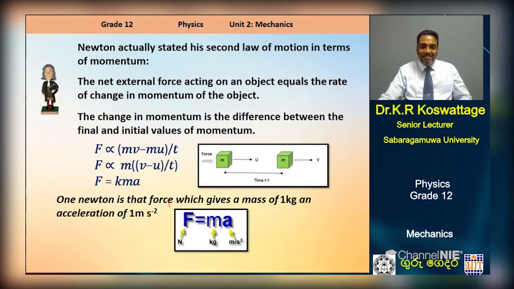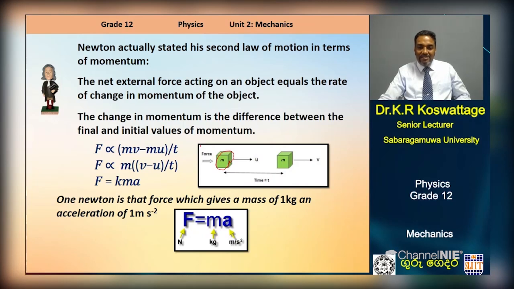So we can say that the net external force acting on an object equals the rate of change in momentum of the object. Let's suppose we have an object of mass m moving with the velocity of u at time equals 0, and the velocity changes to v at time t.